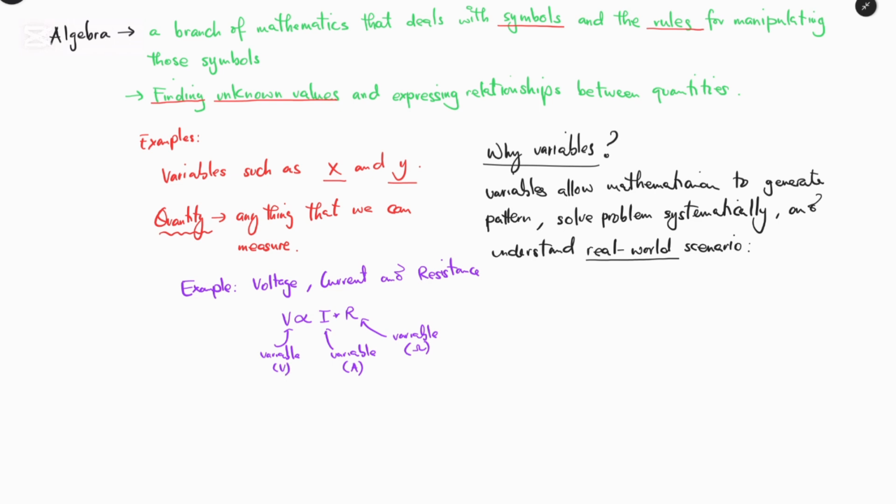And for the voltage, the variable is given as V, and it has a unit of the volts. Now, if we want to see the relationship between the voltage, current, and the resistance in order to analyze a circuit systematically, we know that in an electrical circuit, we can have a voltage source, and we have the resistance, and we have the current which is flowing through this resistor, and we have the V here.